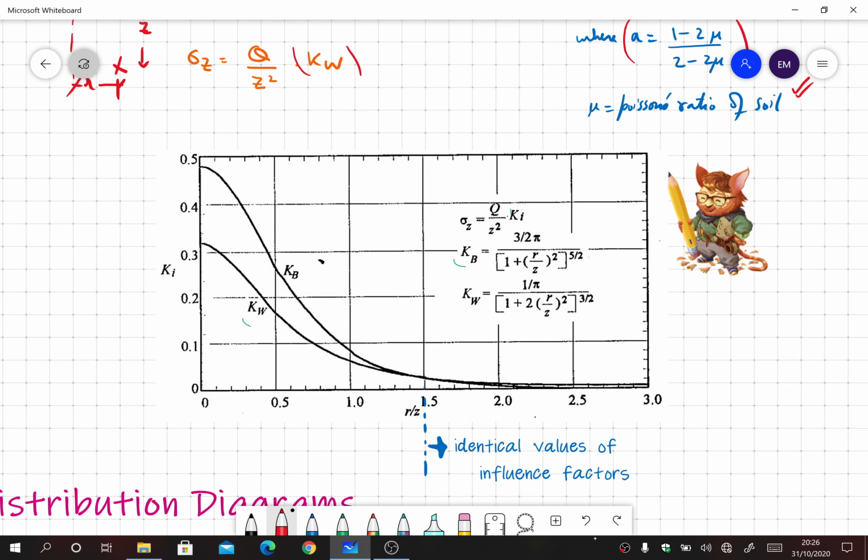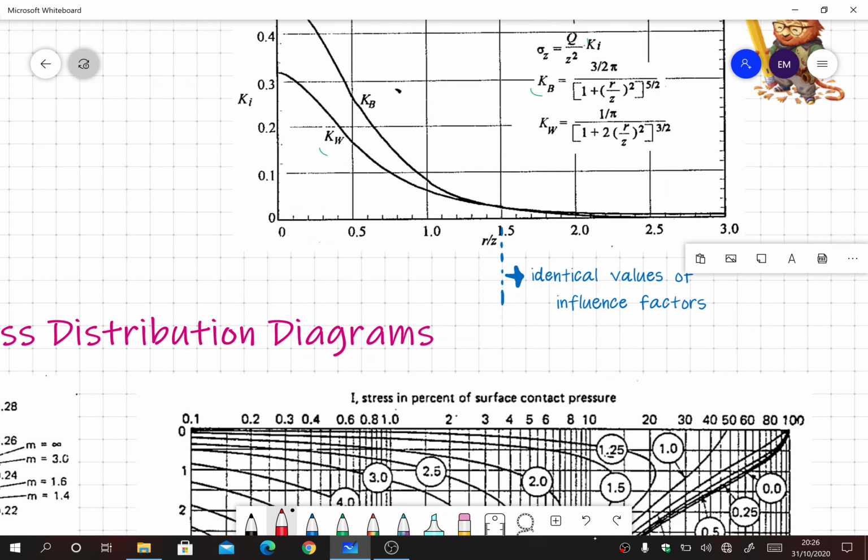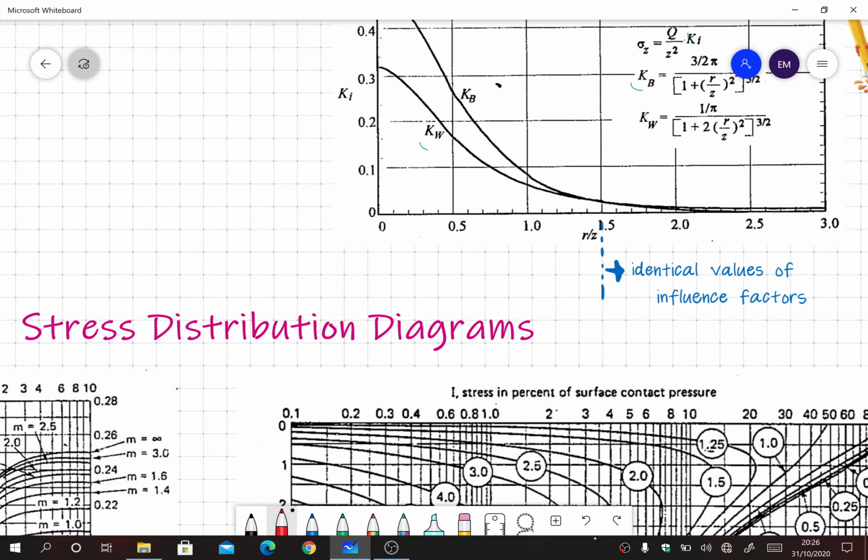Whereas for R over Z less than 1, Kw, the Westergaard coefficient of stress, gives us a more conservative value of stress as compared to the Boussinesq value. More or less, real life geotechnical engineers prefer the Westergaard method because we have sedimentary soils, and sedimentary soils are made up of layers, so that's why they prefer the method.